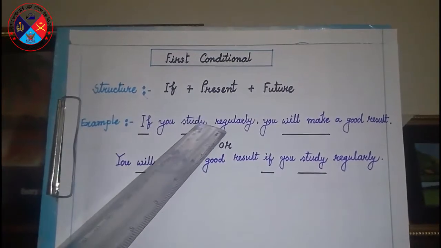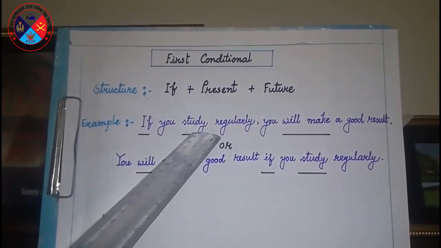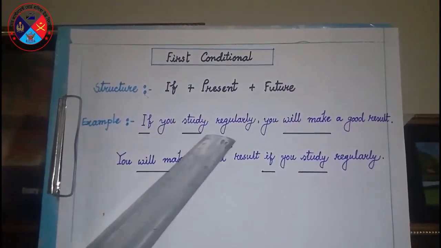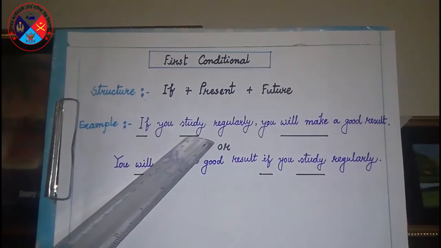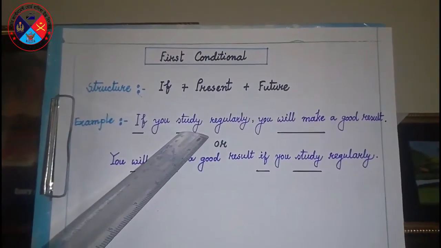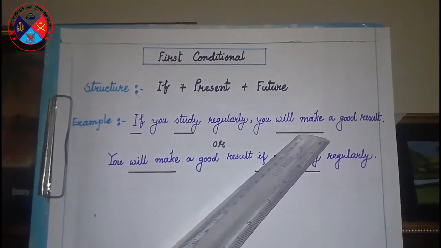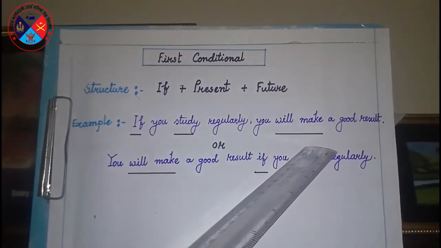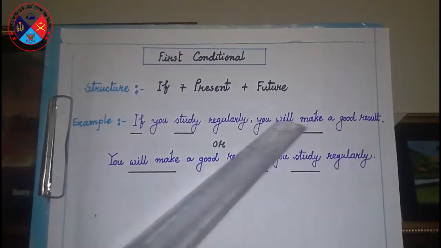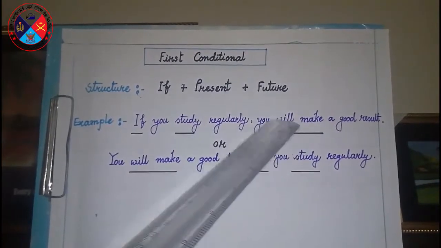When the verb of the subordinate clause is in present tense, the principal clause will be in future form.